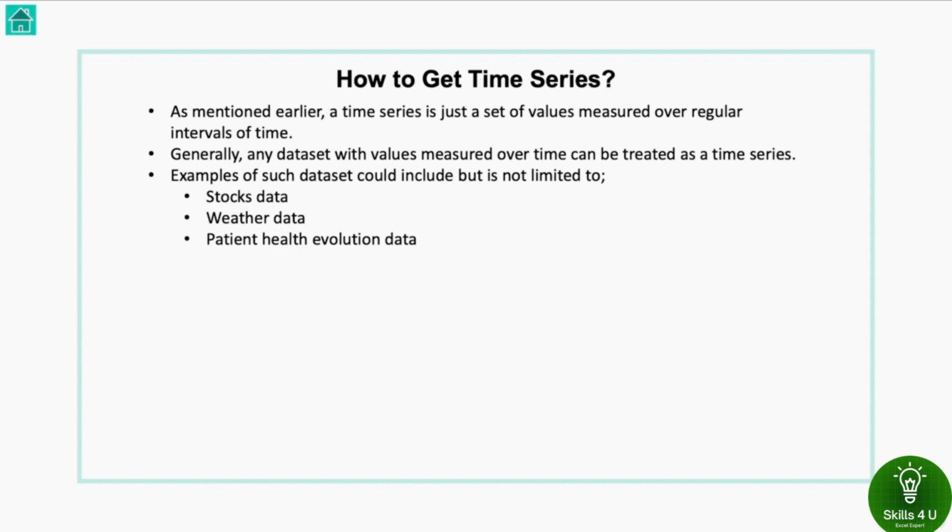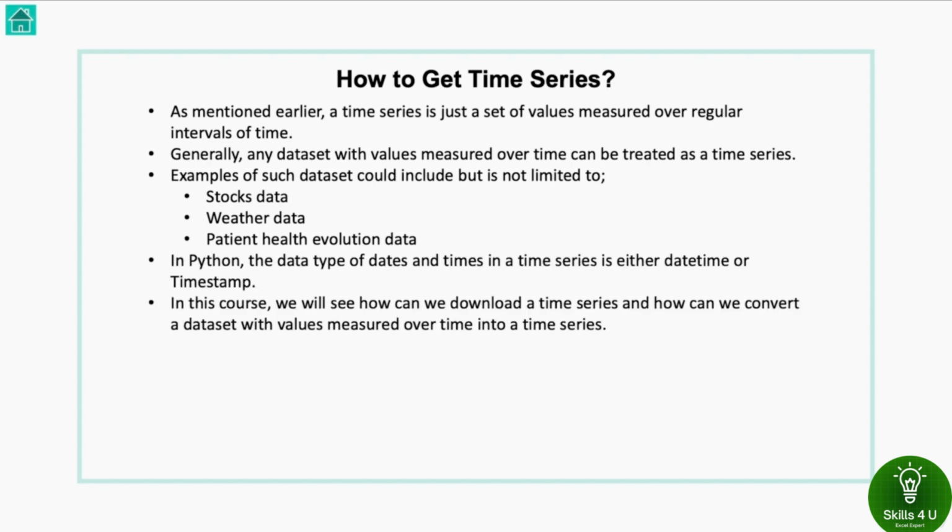To use the time series functionality of pandas and perform arithmetic operations on date and time values, the data types of these date and time values in a pandas time series is either datetime or timestamp. Any dataset with date and or time values can be treated as a time series in pandas provided that the data type of date and or time values is either datetime or timestamp.